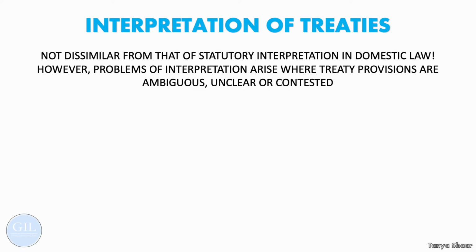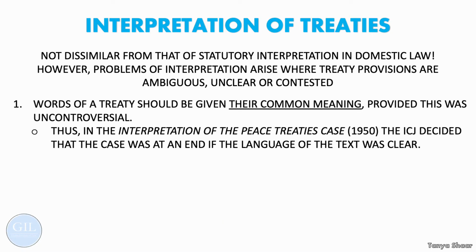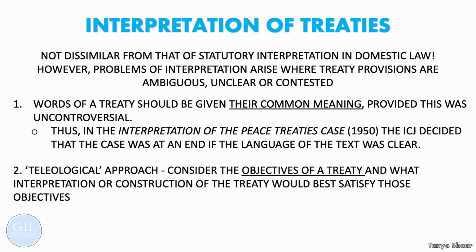Historically, in international law, different rules of interpretation were applied in particular circumstances. So, for instance, the first step would be, when interpreting the words of a treaty, the words should be given their common meaning, so long as this common meaning was uncontroversial. Next, if this didn't suffice, the teleological approach would be applied.